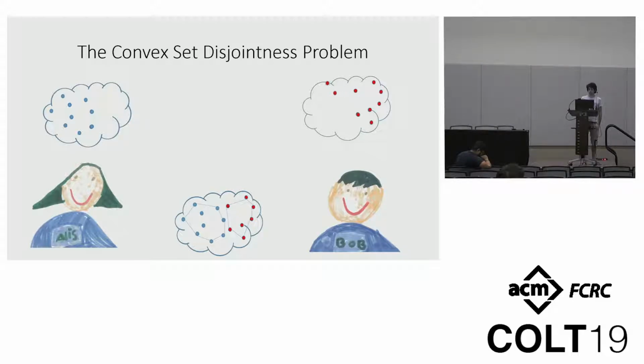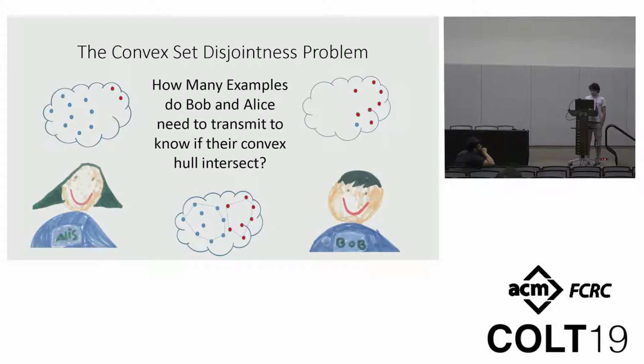They are allowed to transmit samples. Okay? So Bob can give Alice his sample, and then Alice can send samples to Bob, and so on. And the question is, how many examples do they need to transmit? We don't know the tight bounds for this, so I'll show you the bounds that we get in this work.